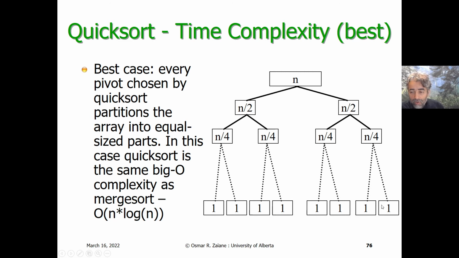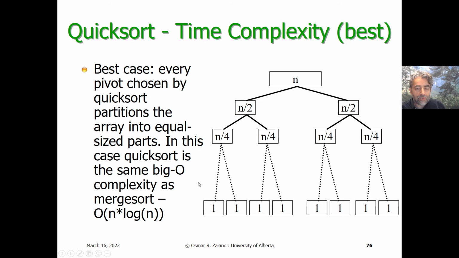But at each level of this tree, I have to do partitioning. And what is the partitioning? I have 2 counters running towards each other, traversing the whole container, which is n. So the partitioning is of complexity n. So it's log n times n, and that's why we call it n log n. That's in the best case scenario. N log n is way better than n squared, which we had for selection sort and insertion sort, and it's the same order of complexity as merge sort. So we succeeded in keeping the n log n.